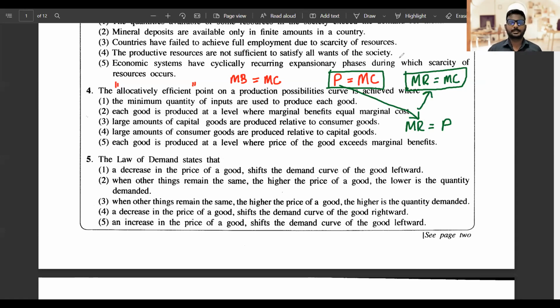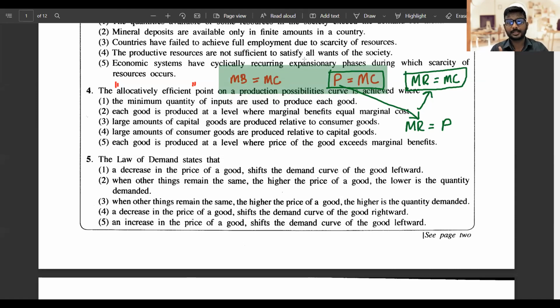Only for that it will be applicable. In any other market type, monopolistic competition, monopoly, or oligopoly, MR equals MC doesn't hold, right? So the general equation is marginal benefit equals marginal cost, or price equals marginal cost.